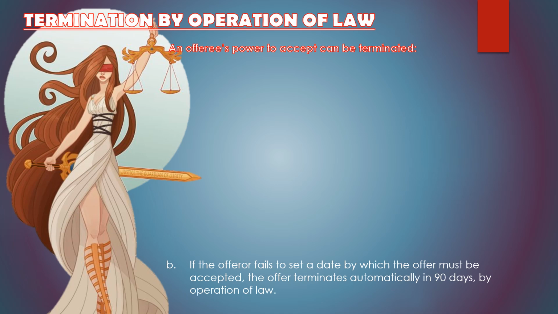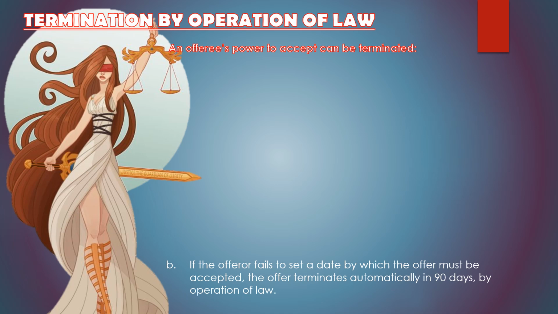Now, if the offeror fails to set a date by which the offer must be accepted, the offer terminates automatically in 90 days by operation of law. Just to be very clear, 90 days is the outer limit on how long an offer will remain open if the offeror does not specify how long you have to accept.